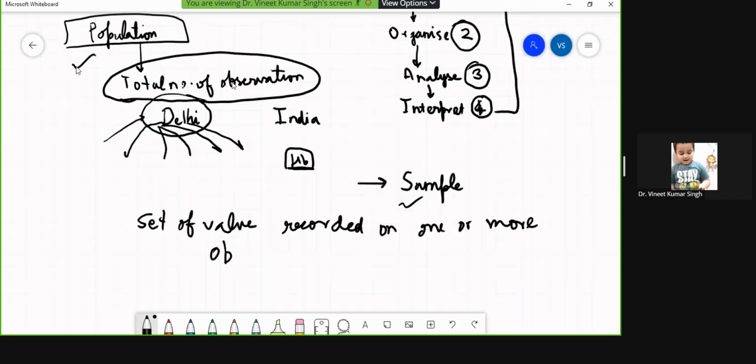because suppose this population, this is population 1, this is population 2, both have the same mean, but the spread is different.